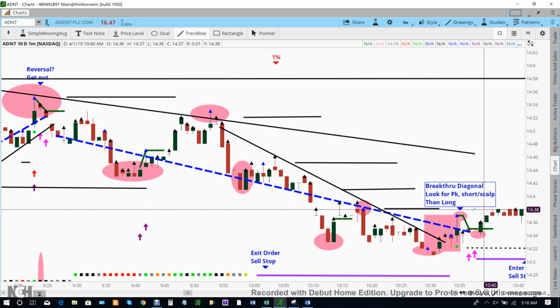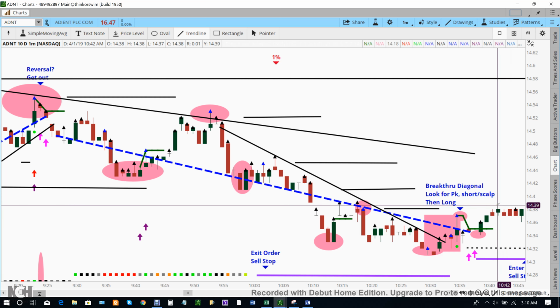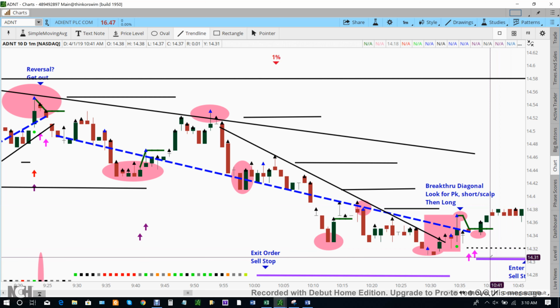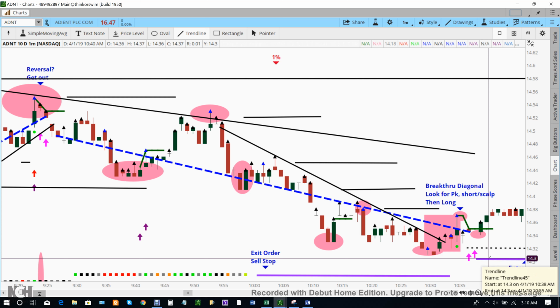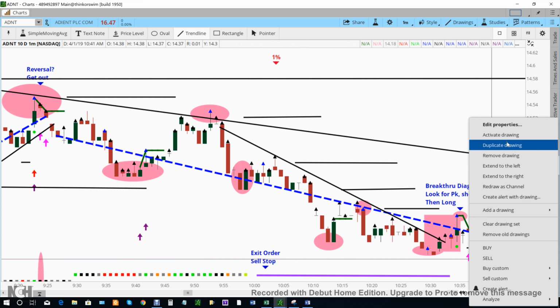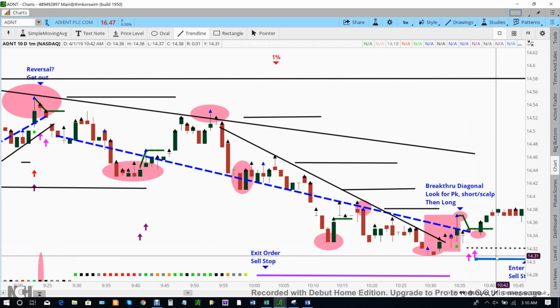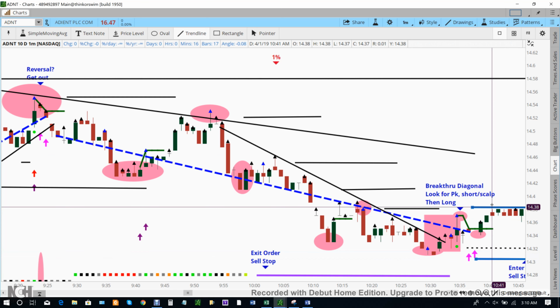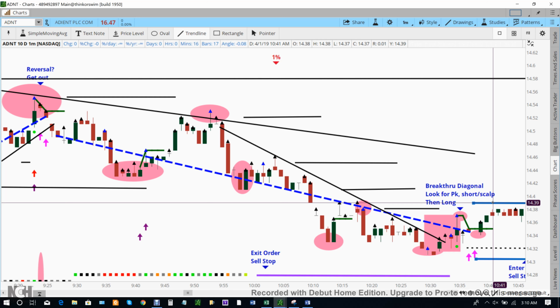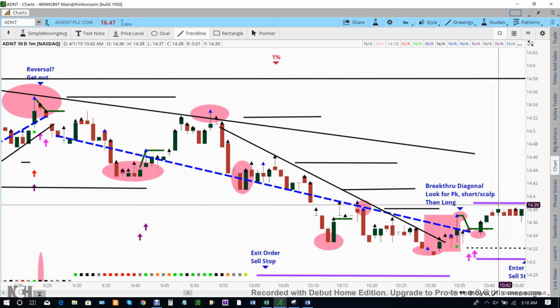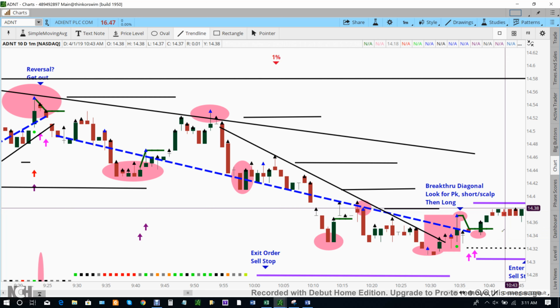So basically what we can do is put in an OCO order here. It still might go down, but okay, so we have an OCO order here. This is a buy stop, that's a sell stop.